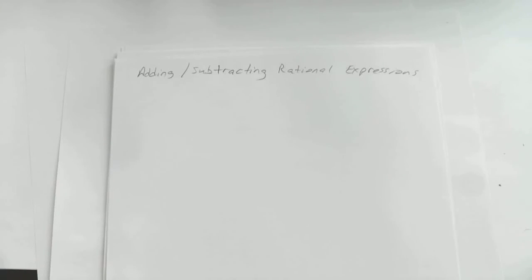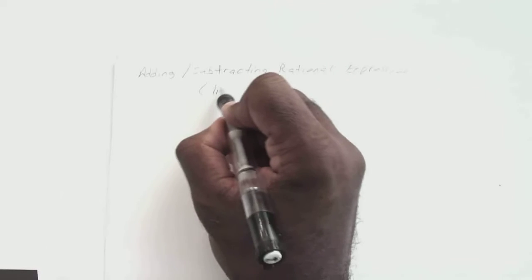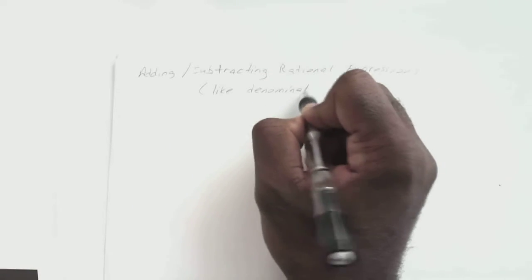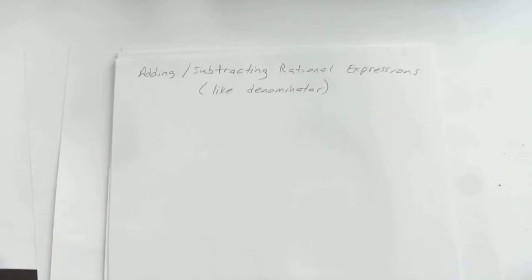First we're going to look at when you have a common denominator, or like denominators. Again, the same rules for adding regular ordinary fractions apply here.